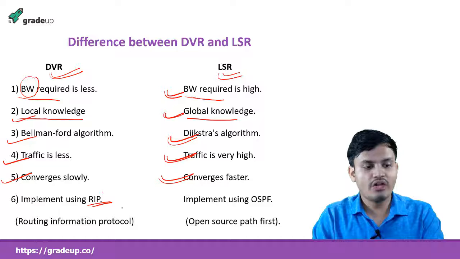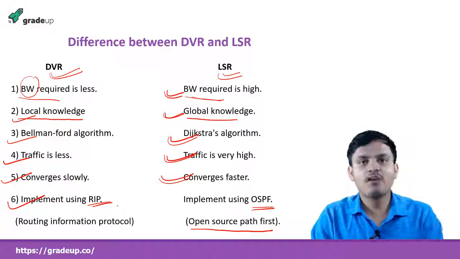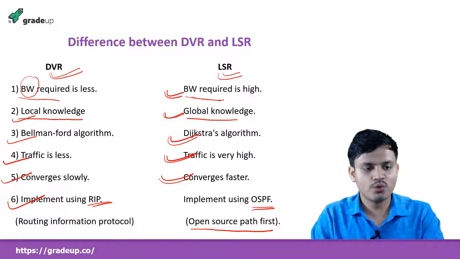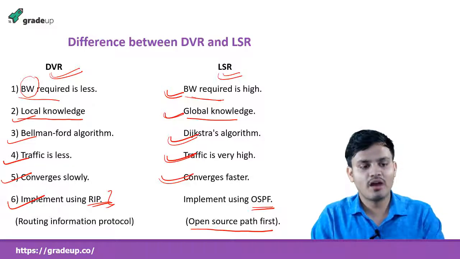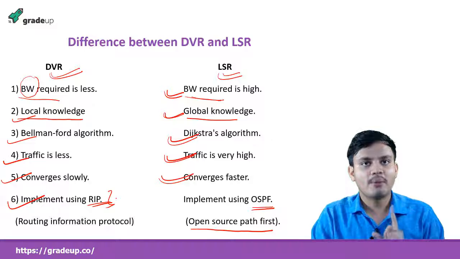DVR is implemented using RIP, the Routing Information Protocol, and link state is implemented using the OSPF protocol, that is Open Shortest Path First. Don't ignore these things, they are really important. Sometimes they ask questions based on this. If you don't remember this, then you will not be able to solve the question.